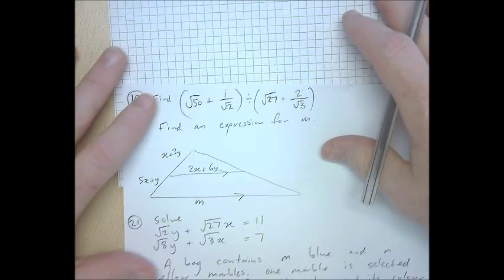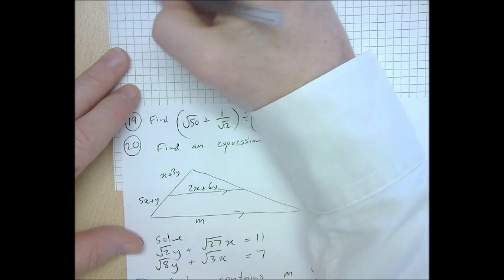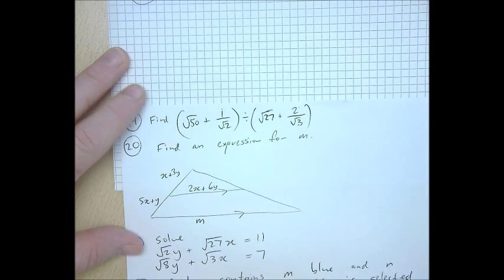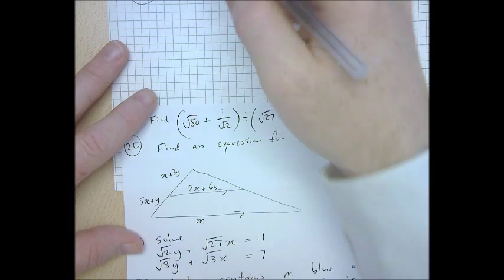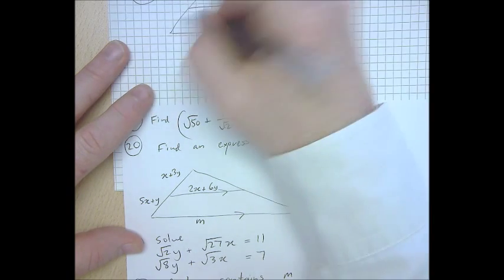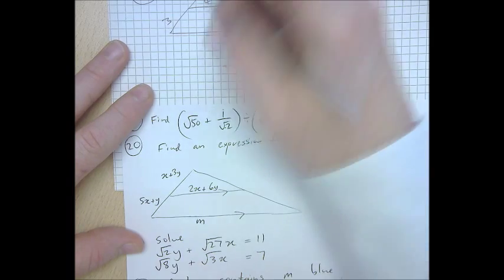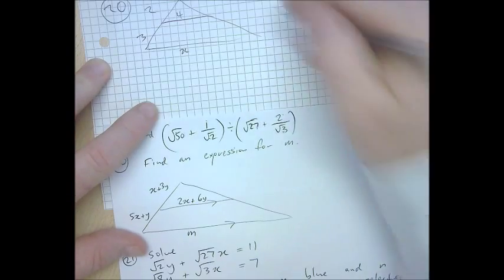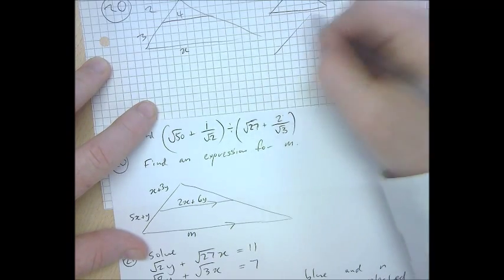Okay, now, question number 20. This is nested similar triangles. Simple version of the problem would be, I don't know, 2, 3, 4, x. Advice is to copy the triangles out separately.